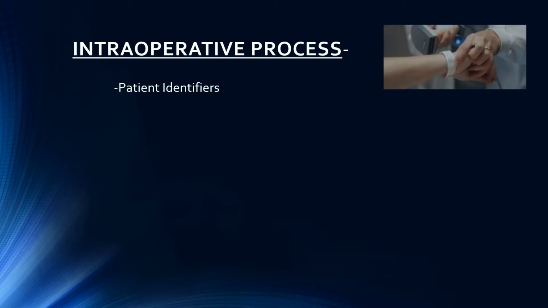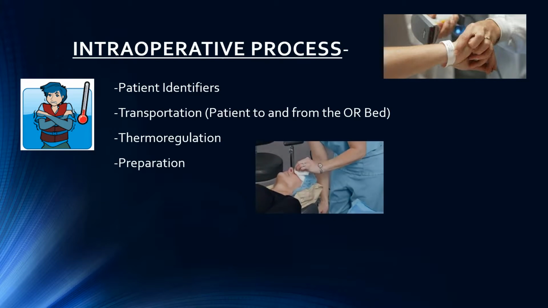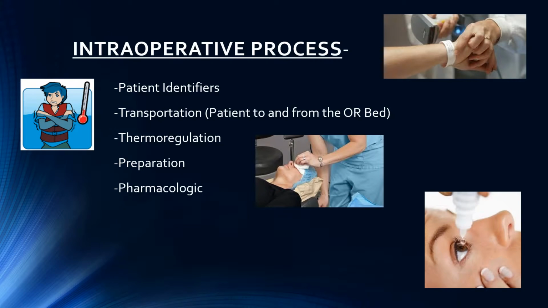The intraoperative process is made up of quite a few points here, and I will go into a little bit more detail in a little bit, but it is made up of the patient identifiers, and make sure that you're getting the right patient, right procedure, right side, and right implant if need be.